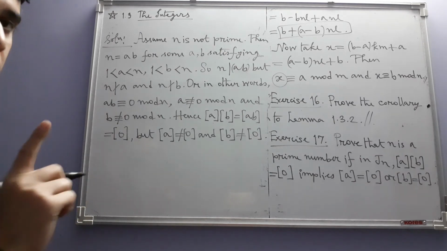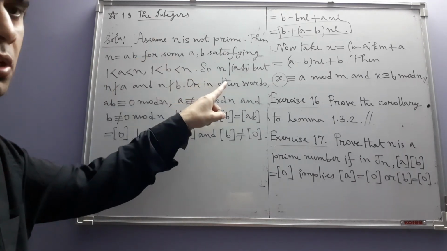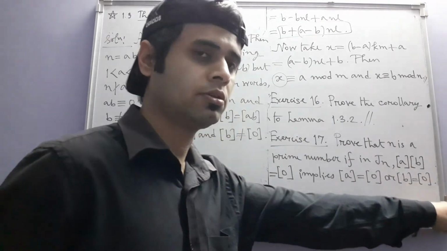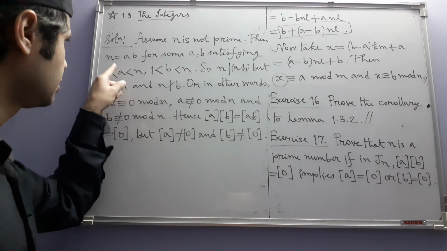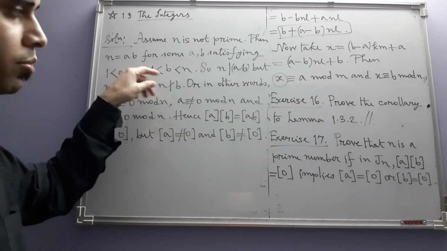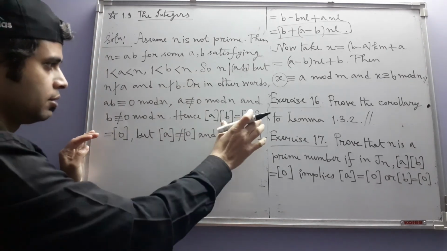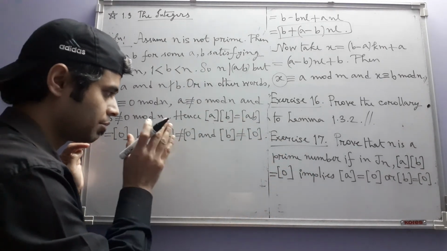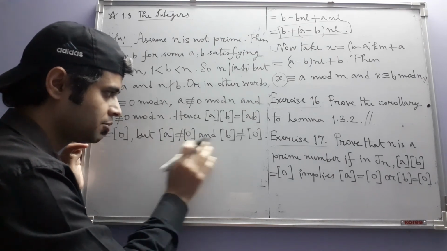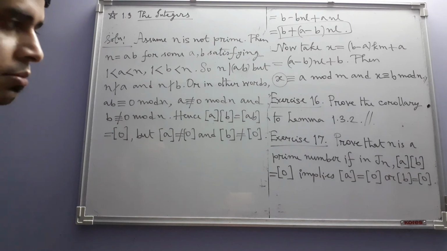So here what we have proved, if n is not a prime number, then this is not true. This is not true for all A and B. There exists at least some A and some B for which this is false. This equal to 0 does not imply that we must have one of them equal to 0. That's not the case for this particular A and B.